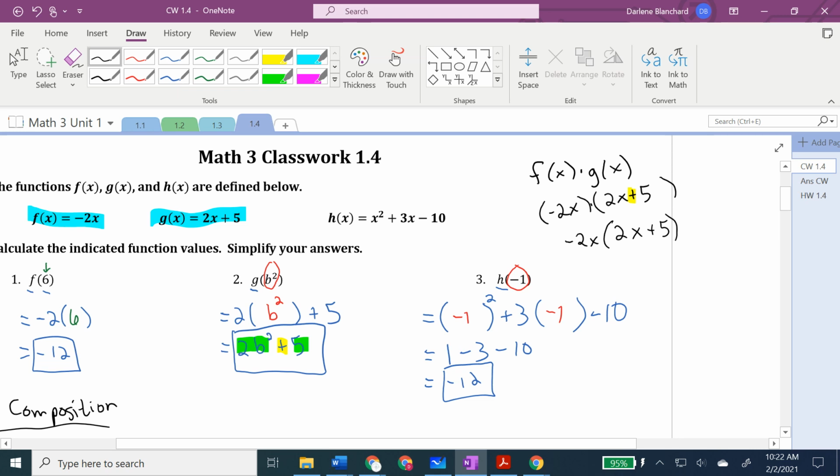If I needed to multiply those two functions together, I would need to take the multiplication of the singleton term negative 2x and distribute the multiplication over the addition. And that would give me negative 4x squared minus 10x.